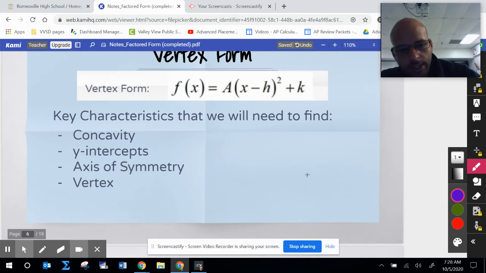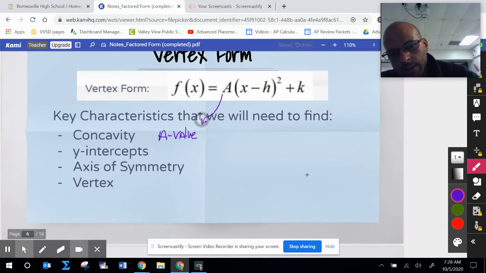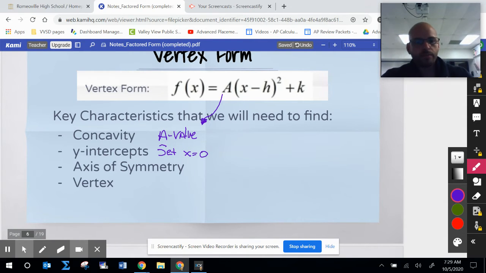Now, just like the other one, the a value, or the coefficient in front, is going to tell me concave up or concave down. The y-intercept, we are still going to set x equal to 0. Now the axis of symmetry is a little quicker. We don't have to really do too many calculations.